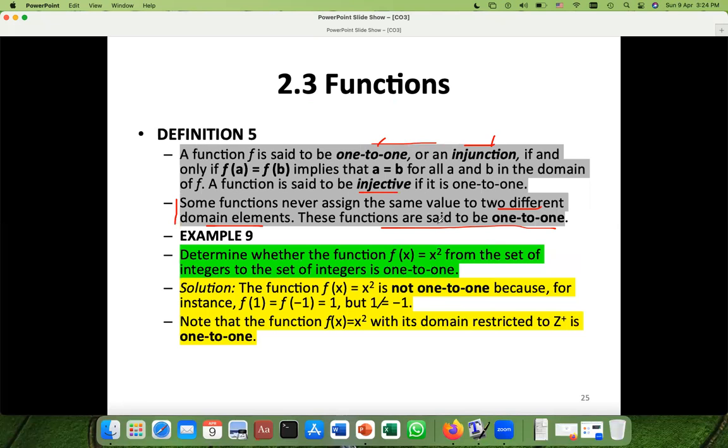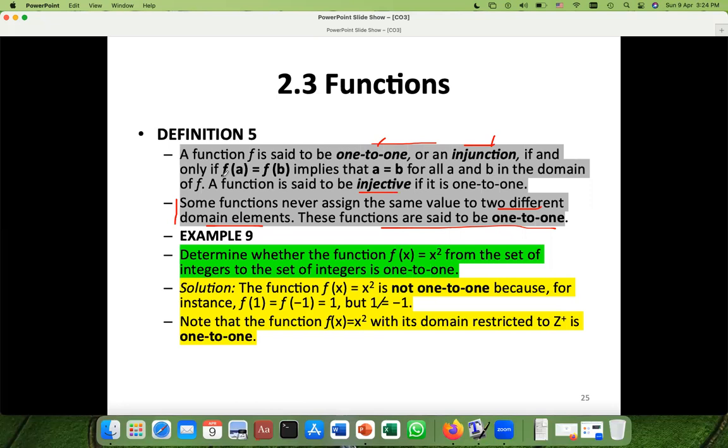Now here we have a function f, and we can call it one-to-one or an injection if and only if this is the definition. The domain will be given to us for some function. That domain could be the integers, the positive integers, or the negative integers.